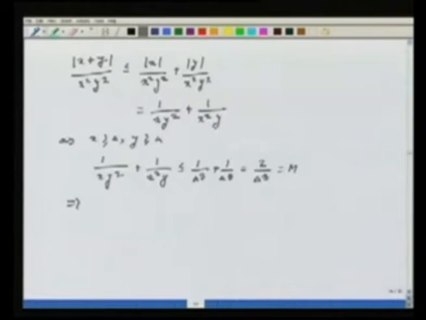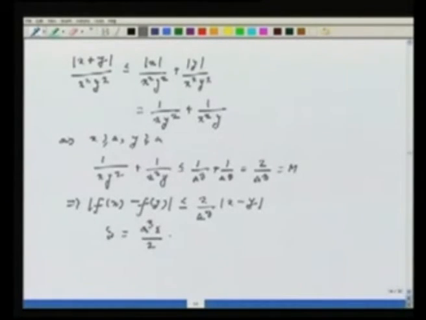So this implies that mod of f(x) minus f(y) is less than or equal to 2 by a cube times mod of x minus y. That means my choice of delta actually is a cube epsilon divided by 2.